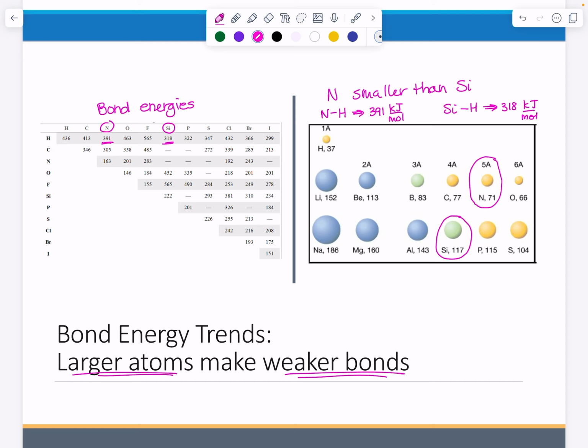The lower the bond energy, the weaker the bond. And think about, again, what bond energy means. Bond energy means how much energy I have to put in to break that bond. So if I have to put a larger amount of energy in, that means that connection between those two atoms is stronger.